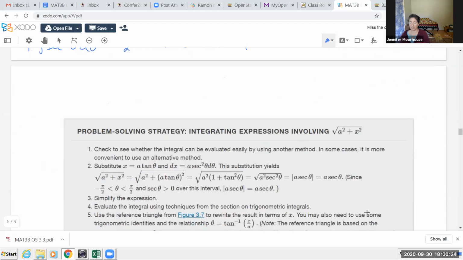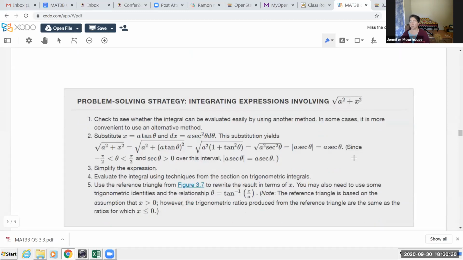Okay, so that's the general problem solving method for integrating integrals that have a square root of a squared plus x squared in them. Again, you always want to look and see if there's an easier way, because as you can see, this is a really long and involved method, and if you can avoid it, then by all means you probably want to do that.